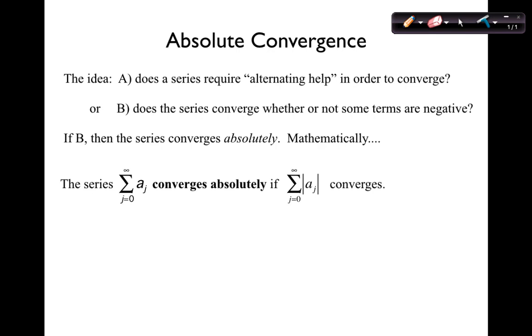If you put an absolute value around all the terms of the sequence and it still converges, then it converges absolutely. Should make sense, right? So what am I doing? Any terms that are negative, we're making those positive and seeing if it still converges.